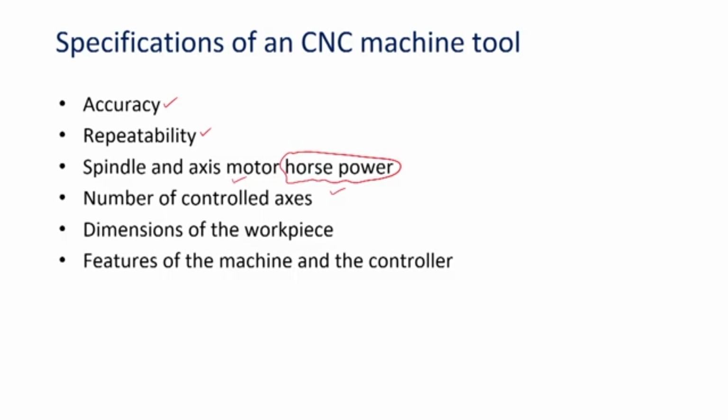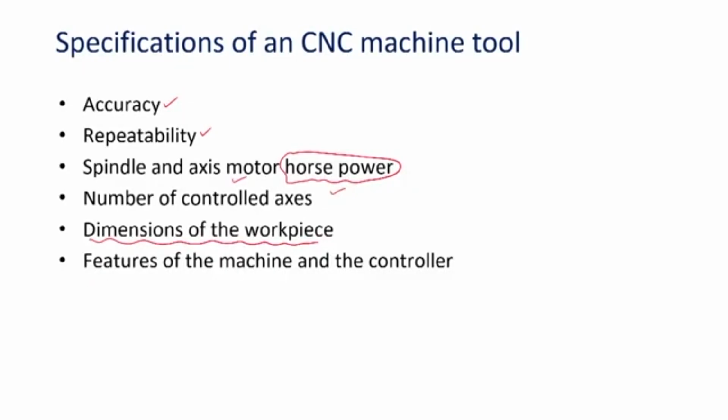A basic CNC machine tool may not have sensors mounted for performance monitoring, but advanced machine tools may have sensors mounted to monitor the performance of the machine tool. They may have some intelligence incorporated inside to take corrective actions.